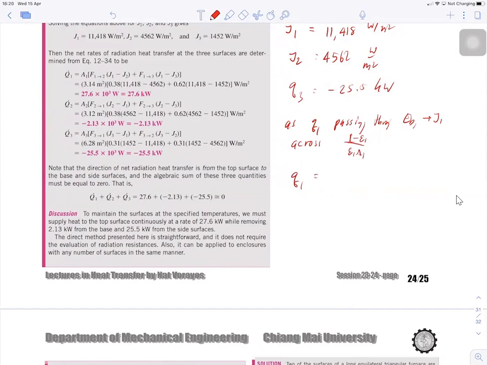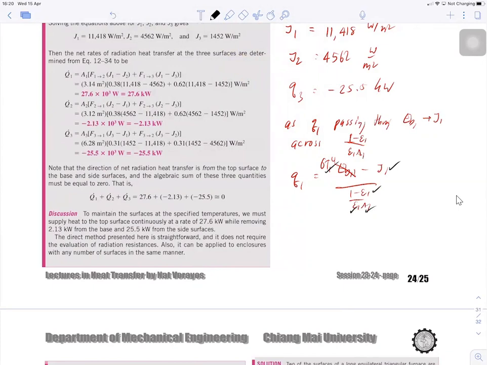So Q1 is equal to (EB1 minus J1) over (1 minus epsilon 1) over epsilon 1 A1. You substitute EB1 by sigma T1 to the fourth. You already know T1, sigma, J1, epsilon 1 and A1. You just plug the numbers in.